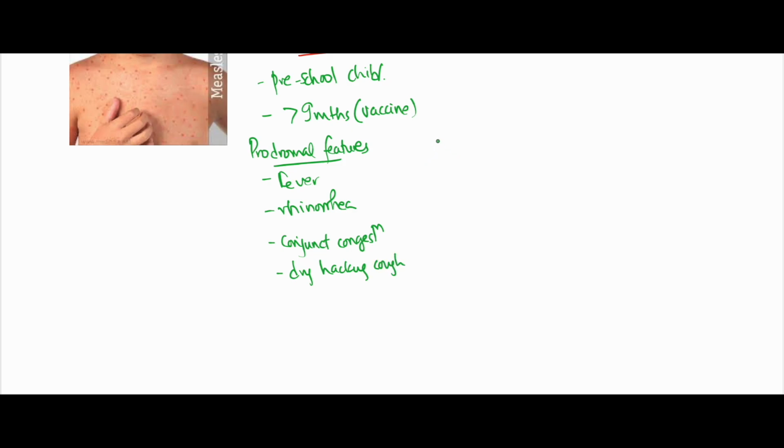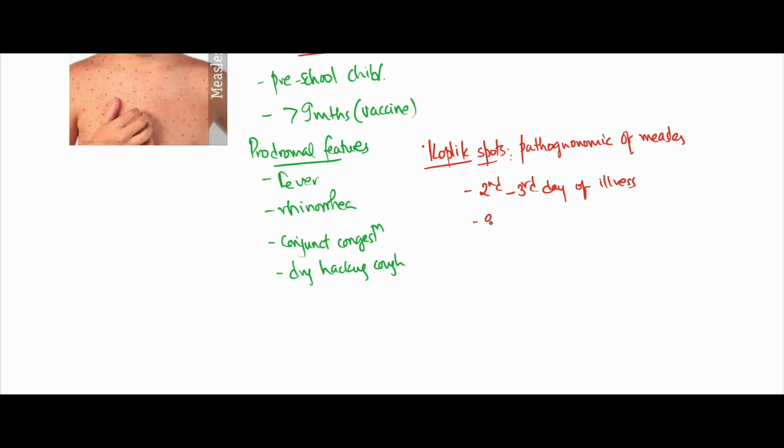Now the most important finding you have to understand is Koplik spots. What are Koplik spots? Koplik spots are pathognomonic of measles, and they appear on the 2nd or 3rd day of illness.